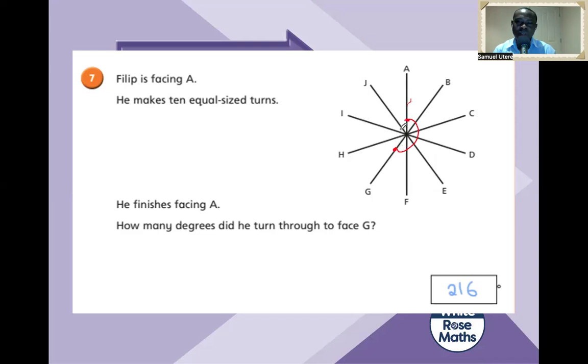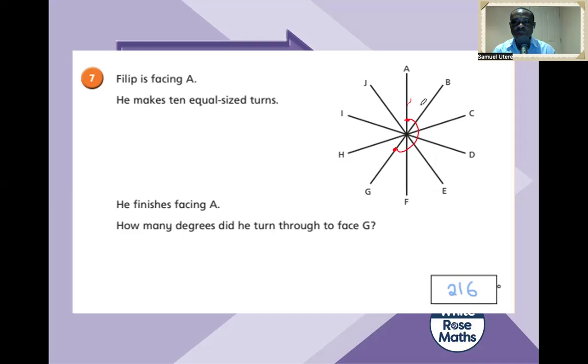So just to take a look real quick, we have 1, 2, 3, 4, 5, 6, 7, 8, 9, 10. So it means each of these angles is 36.